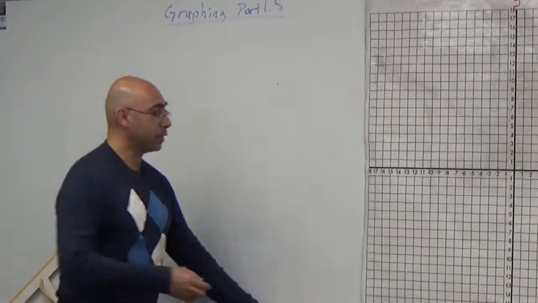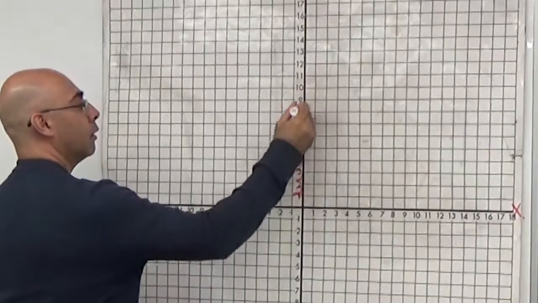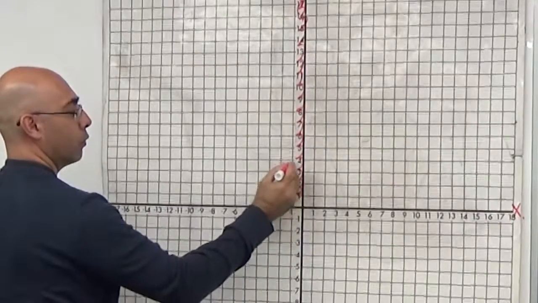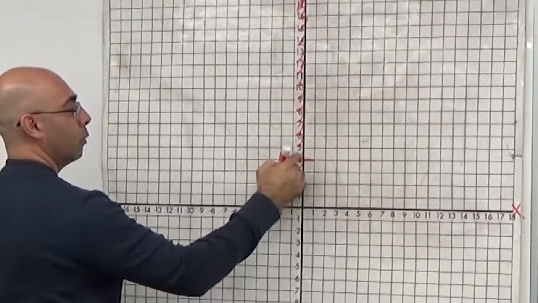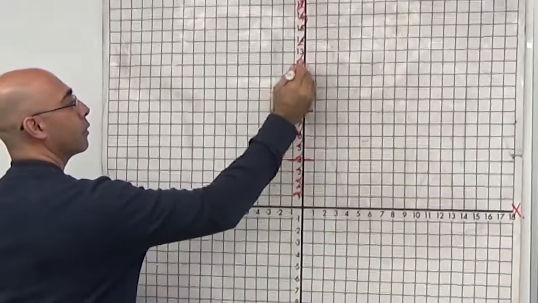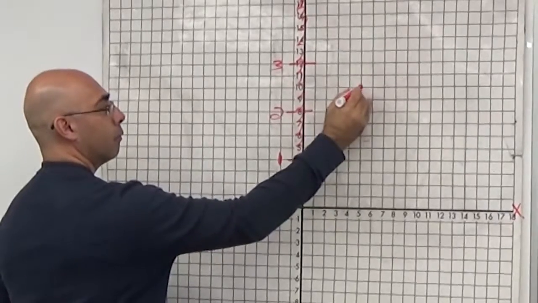So for example, let's say this is no number. Let's erase these numbers here. And say 1, 2, 3, 4. So say this is a 1. 1, 2, 3, 4. This is a 2. 1, 2, 3, 4. This is a 3. And say you had a point right here.